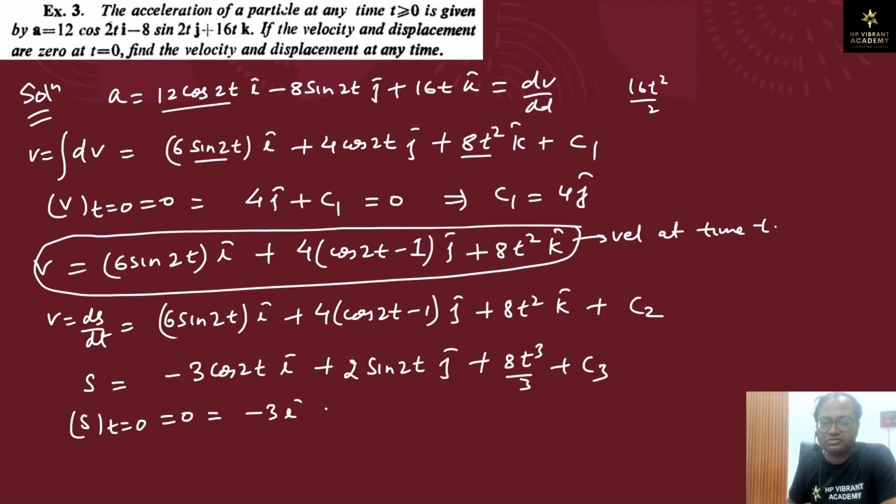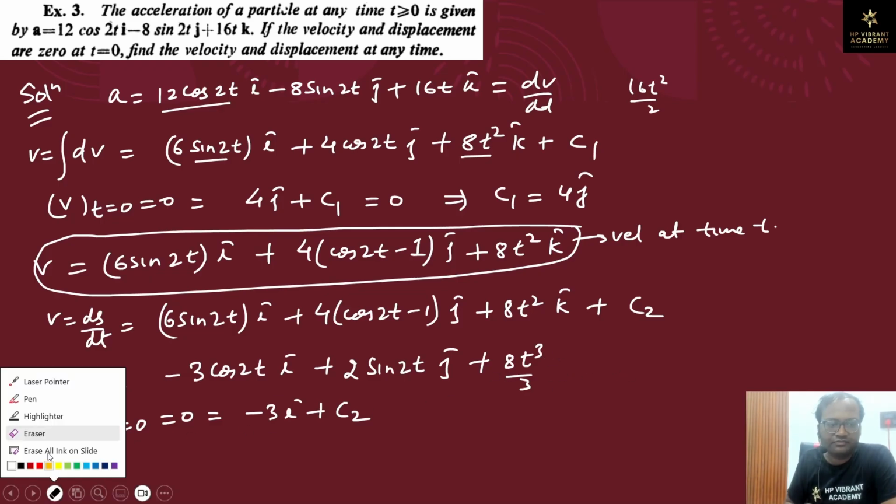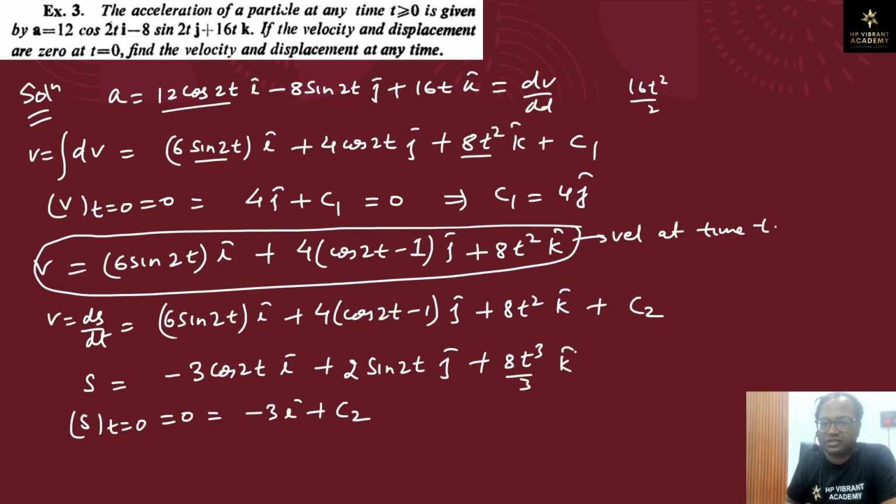This is 0, and k cap will also be 0, plus c2. So this means c2 is equal to 3 i cap. So we have to put c2 = 3 i cap in this.